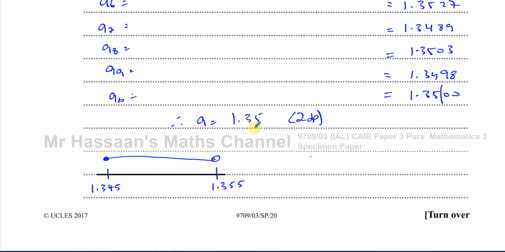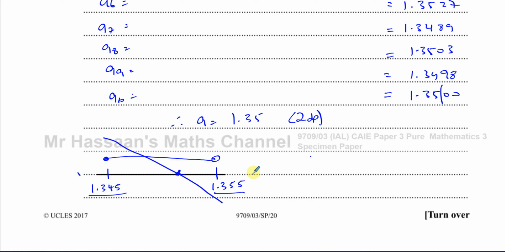If we can show that there is a change of sign between these 2 values, then we know that the root must lie somewhere between them, because the curve would have crossed somewhere between them, and that value when you round it becomes 1.35. If it landed over here, it would round to 1.34.